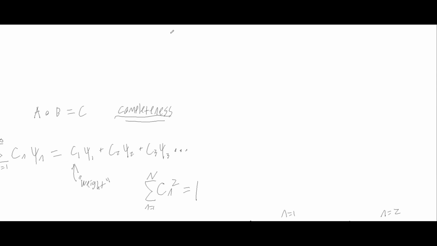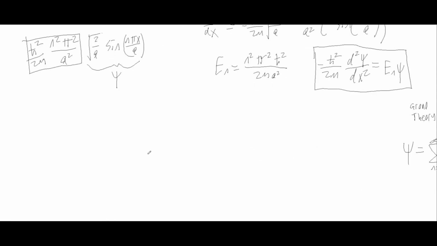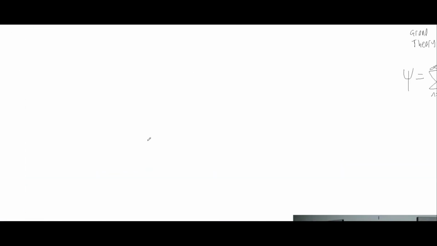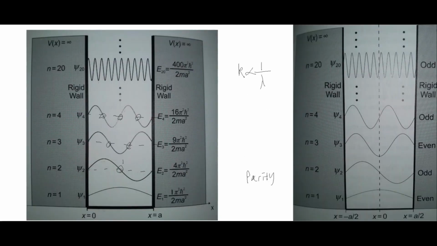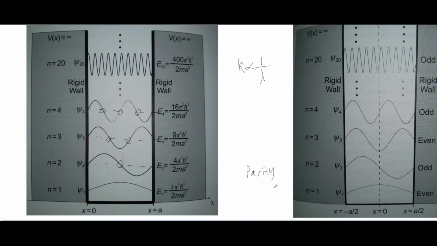We said that it's a linear combination from n equals 1 to large N of Cn psi n. And this psi n here can be the various solutions that we have, where we can have 1 or 2 or 3 for the n, going all the way up.